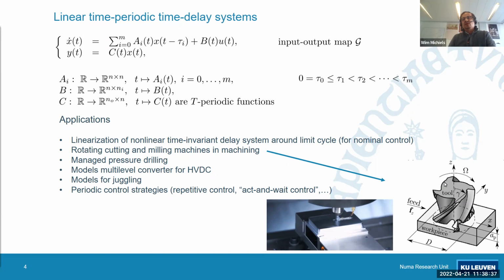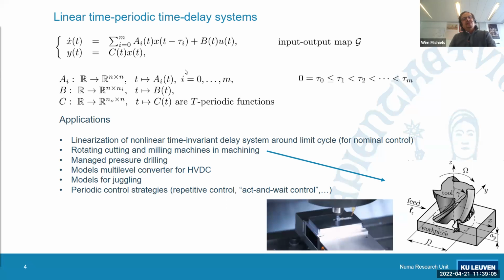So you basically have cutters that rotate, and the rotation gives rise to periodic coefficients. And then you also have the delay. Where does this come from? Well, the reaction force on the cutter depends on the amount of material that has been scraped away during previous rotations. So you get some type of regenerative effect that is translated in the mathematical model by some delay terms.